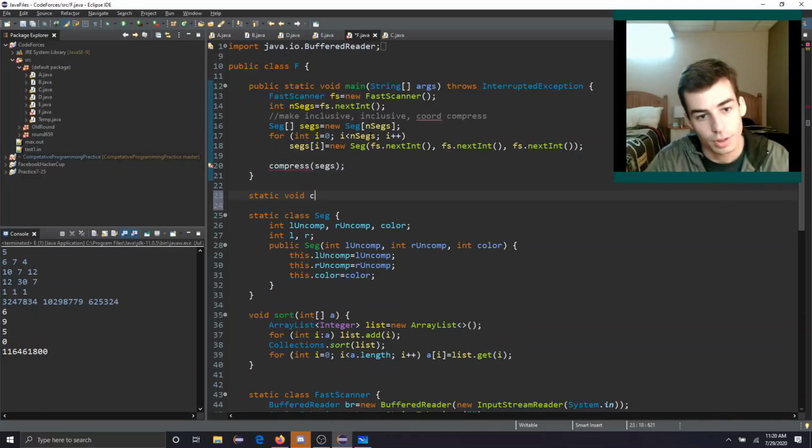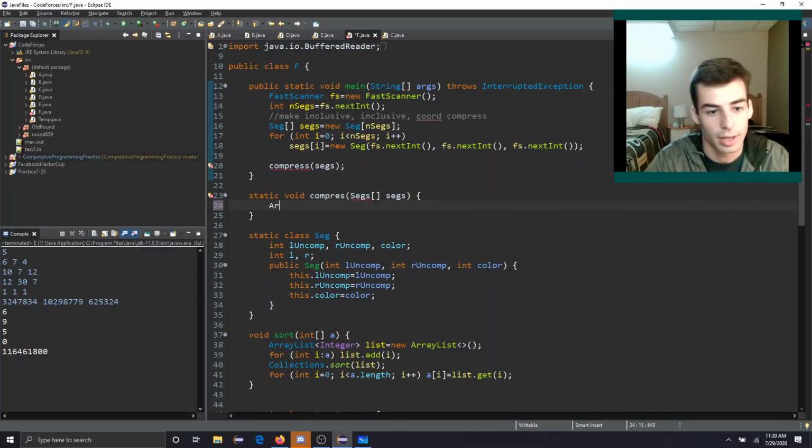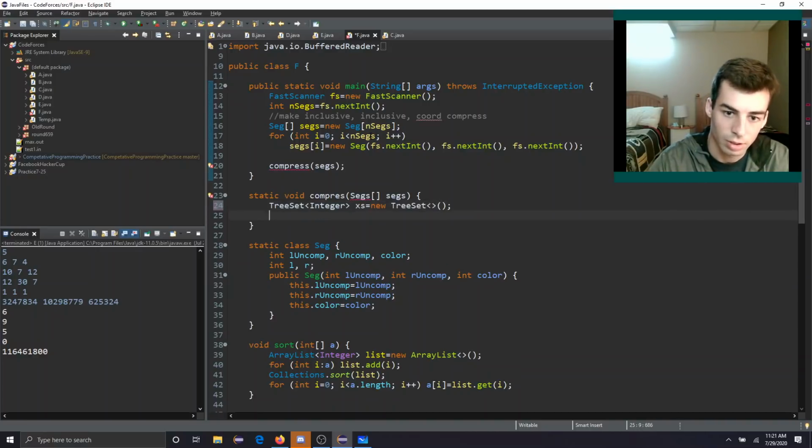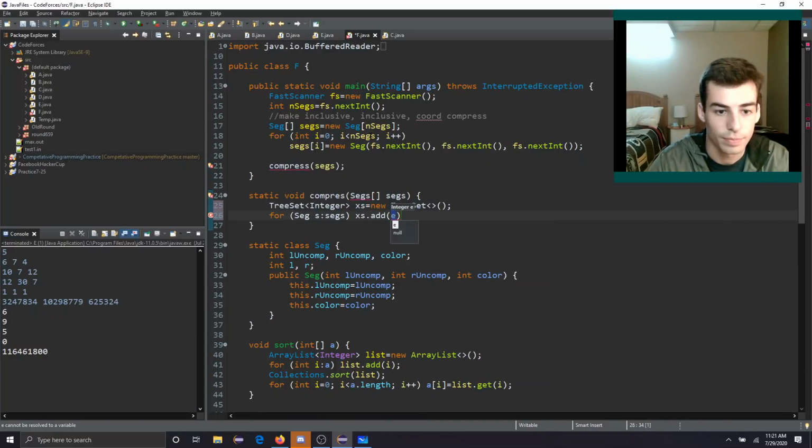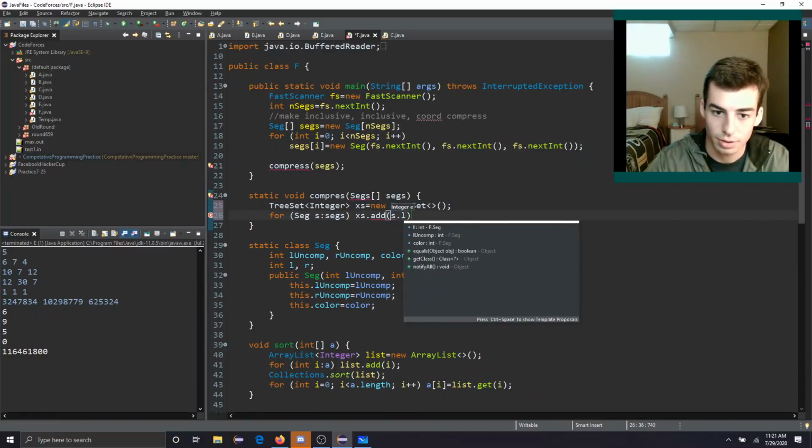Static void compress seg array segs, hash set, or I guess tree set, integer x's, so tree set segs, x's.add, s.l uncompressed.